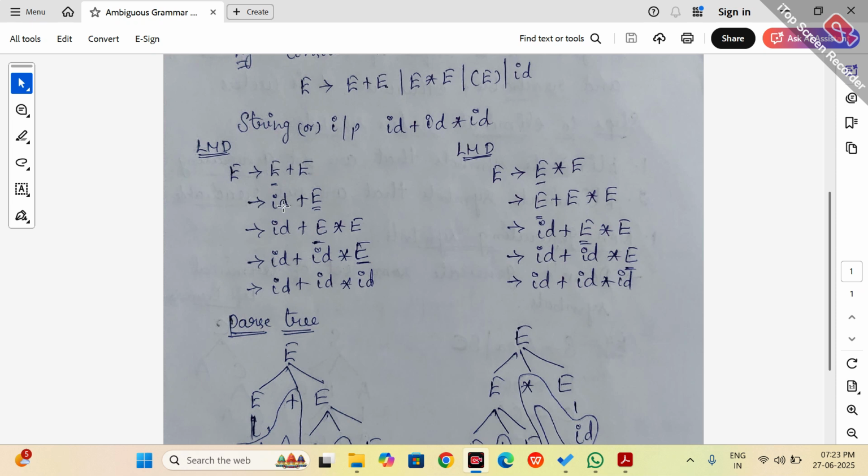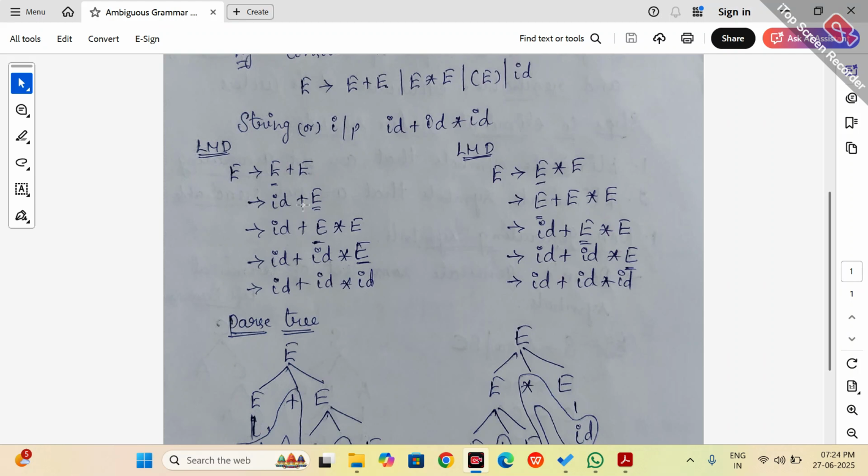It is possible to replace this E with E asterisk E or parenthesis E, but if we replace with E asterisk E, the asterisk will come first, but in our input the asterisk comes at the last. If we choose the parenthesis, there is no parenthesis in our input. So we replace that E with ID.